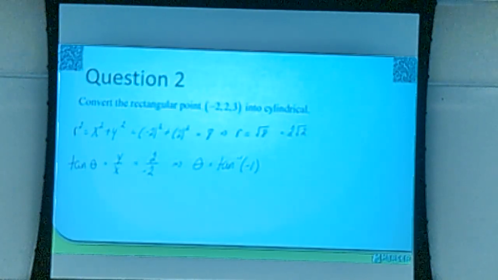What's the range for inverse tangent? It's negative pi over 2 to pi over 2. So what's the inverse tangent of negative 1?